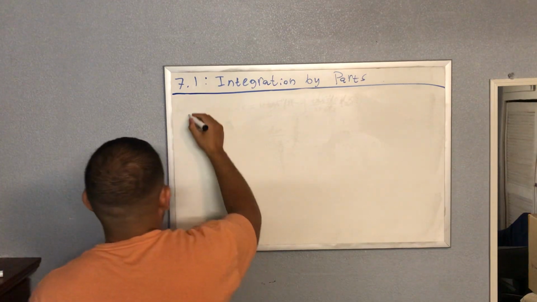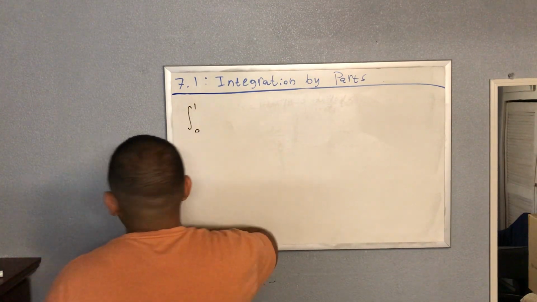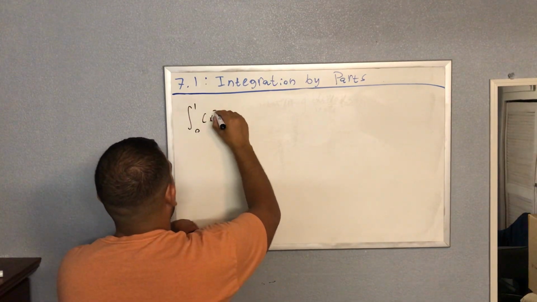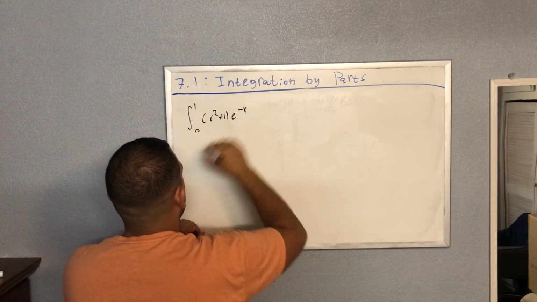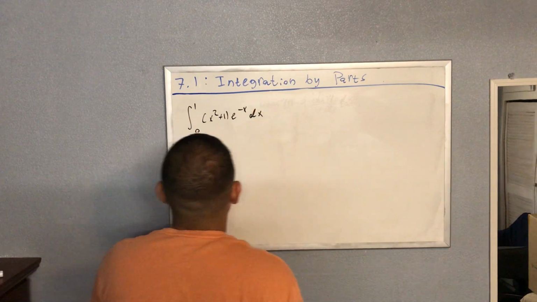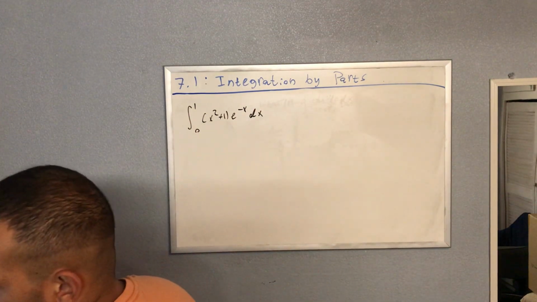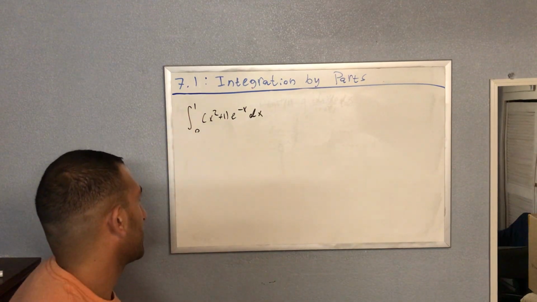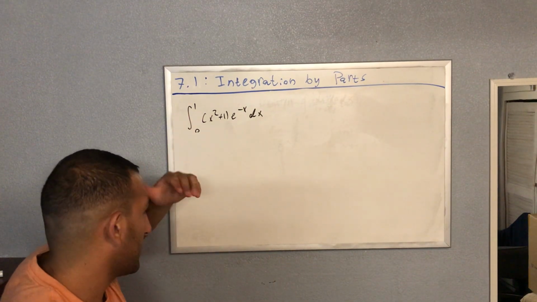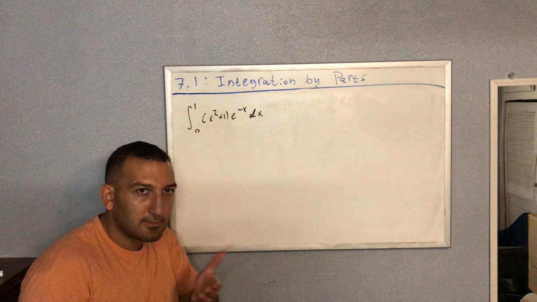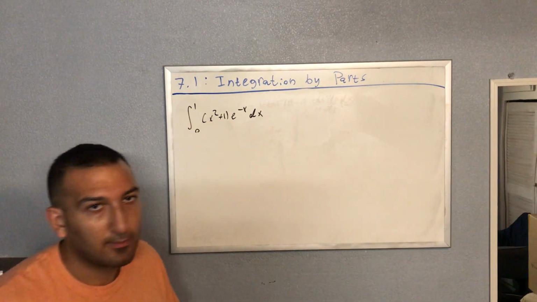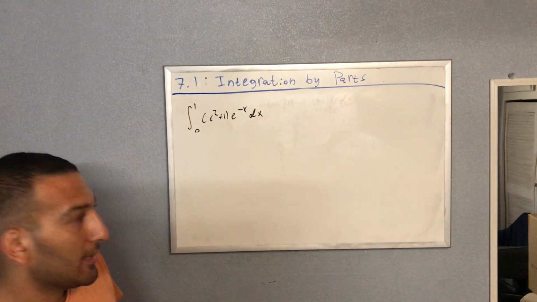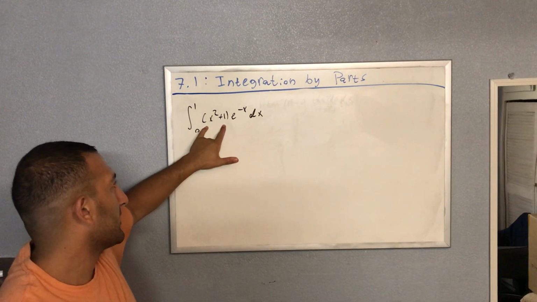It's the integral from 0 to 1 of x squared plus 1 times e to the minus x dx. So again, we know pretty much right off the bat from our experience now that we're going to want to take the derivative of this guy.